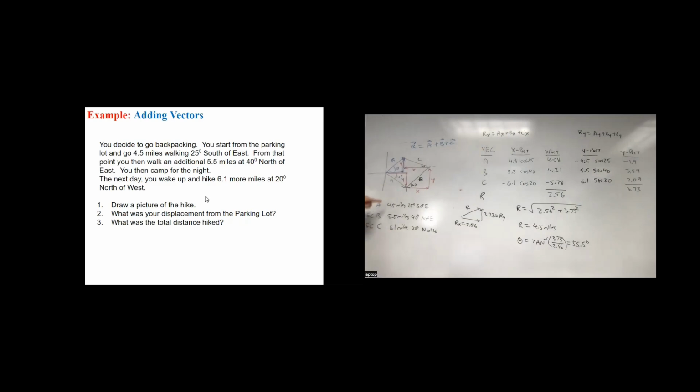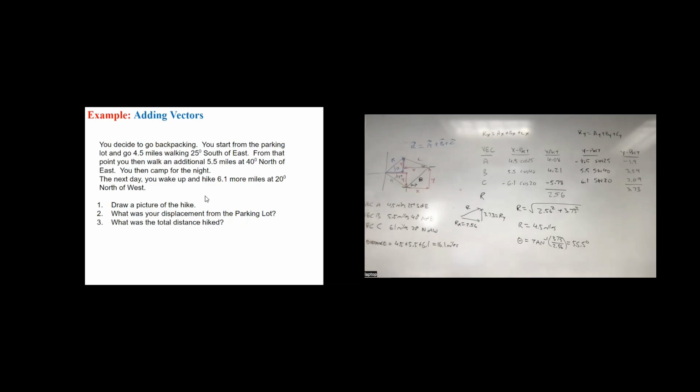So you would just add up these three numbers: 4.5 plus 5.5 plus 6.1. So that's 16.1. Is everyone good with that?